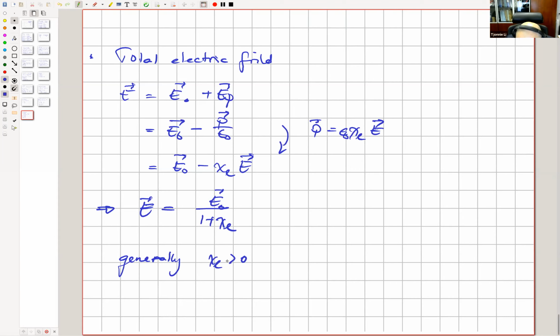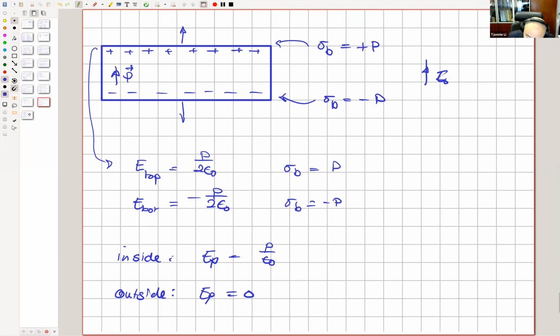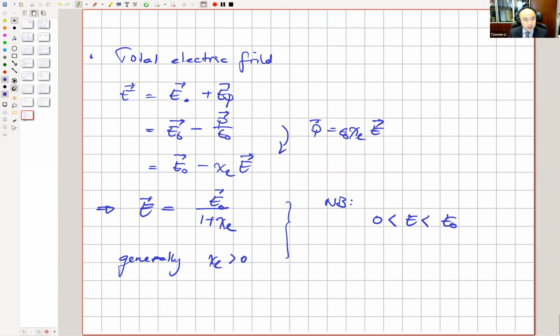So this is bigger than 0 in such a way that E is smaller than E0. So when we talk about dielectrics, what happens is that there is some degree of shielding. The electric field inside, because of these induced charges, is going to be less than the field outside.